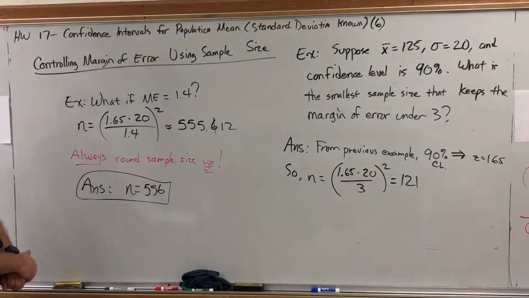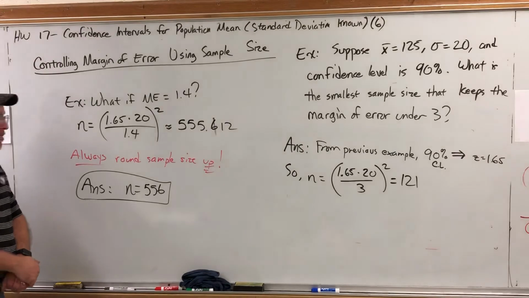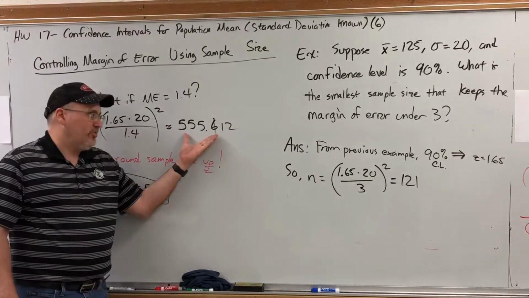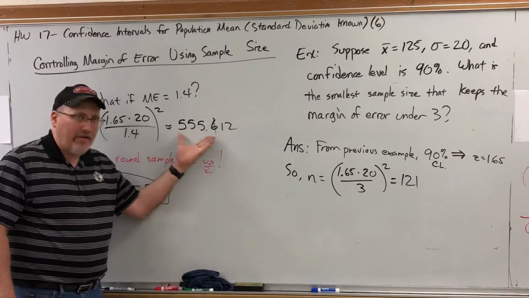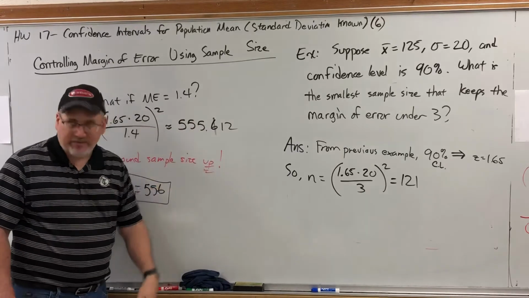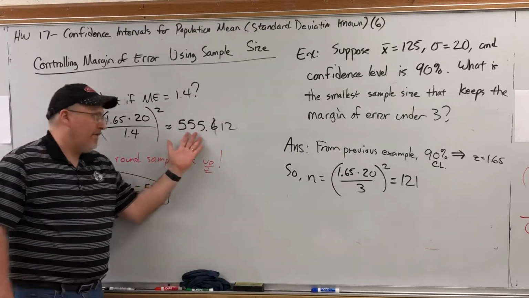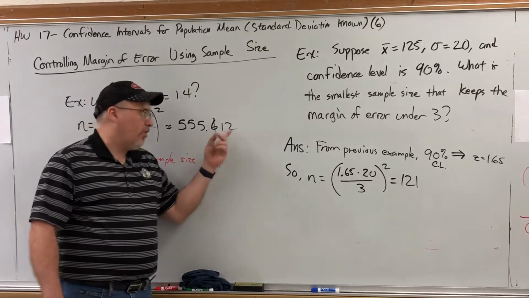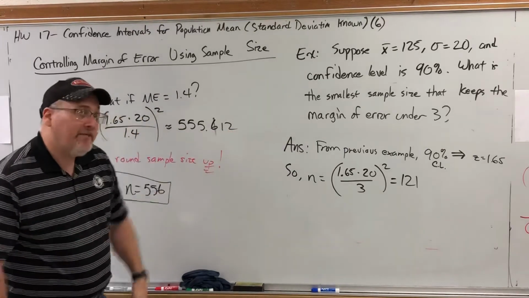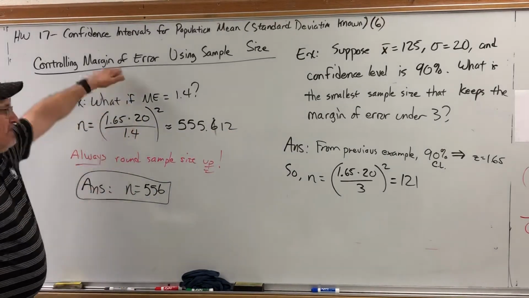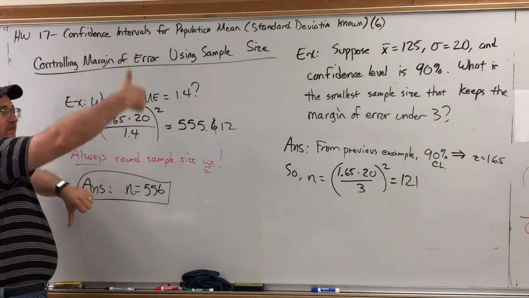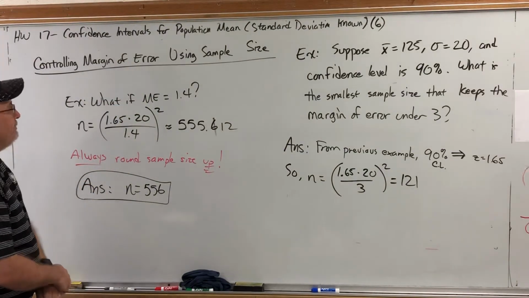So in your homework, when it asks you what is the sample size to obtain a specific margin of error, when you get the value for the sample size, always round it up. Doesn't matter how small the decimal part is. Even if this were 555.001, you would still round up to 556 because rounding the sample size down would bump the margin of error up, and we don't want to do that.